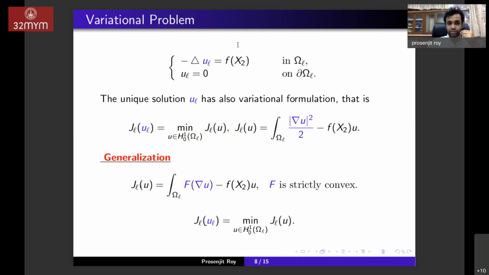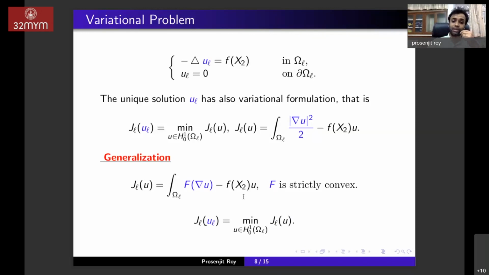In this case, you see the same UL has two properties. It satisfies this equation. It is also the minimizer of a variational problem. So these are two equivalent things. If this nonlinearity is like |x|^2 by 2, on one hand it is a variational problem, on the other hand it is a solution of this Laplace equation.